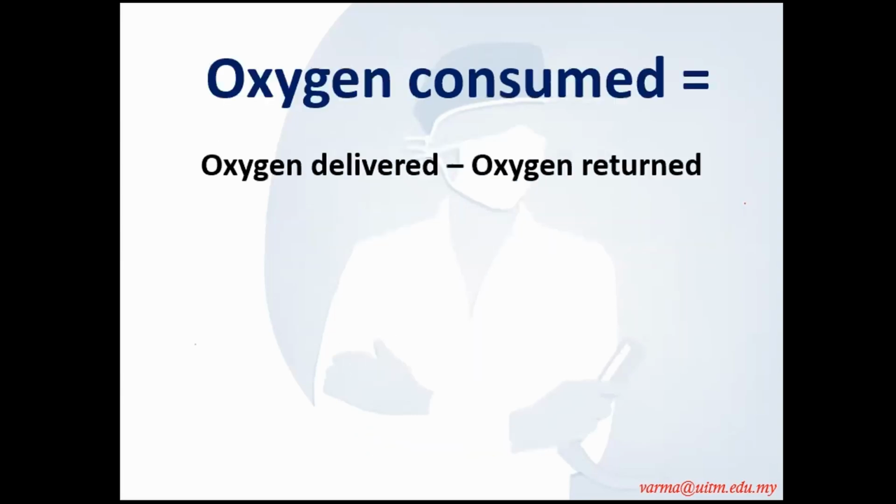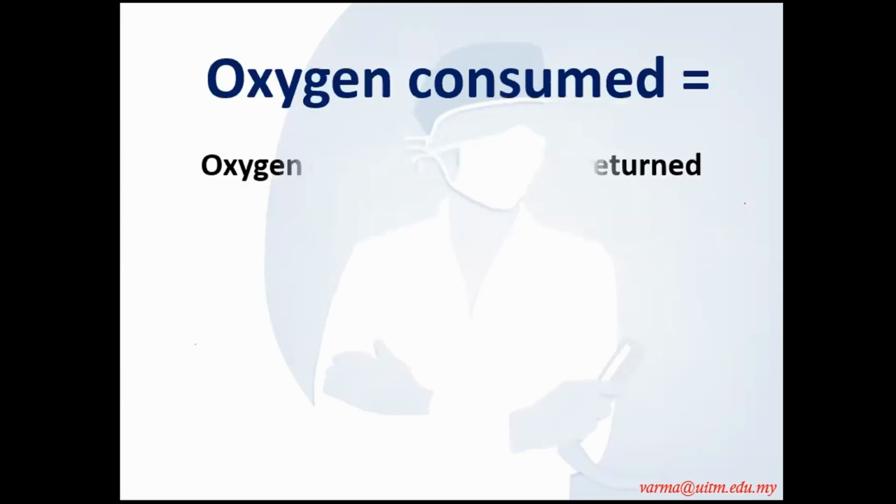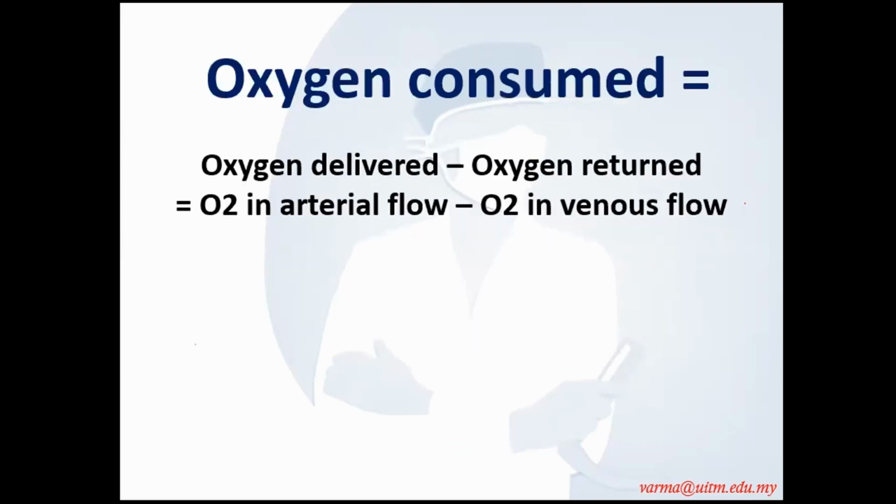Okay, so this is going backwards. Just now I gave you a value of 20 ml and we calculated how to get it. This is the same thing. We have this value now, so how do we actually get this much? I'll show you quickly. Oxygen consumed is oxygen delivered minus oxygen returned: how much is sent and how much actually came out.